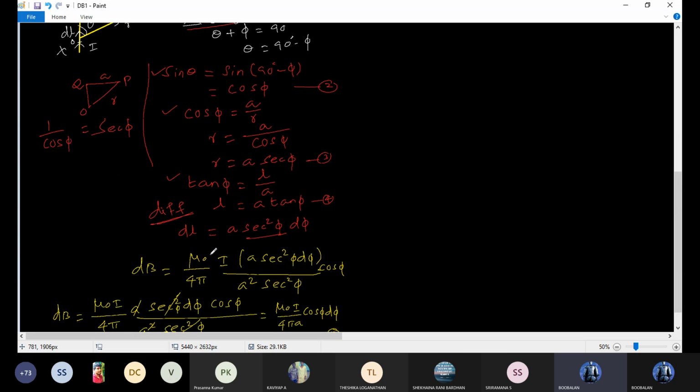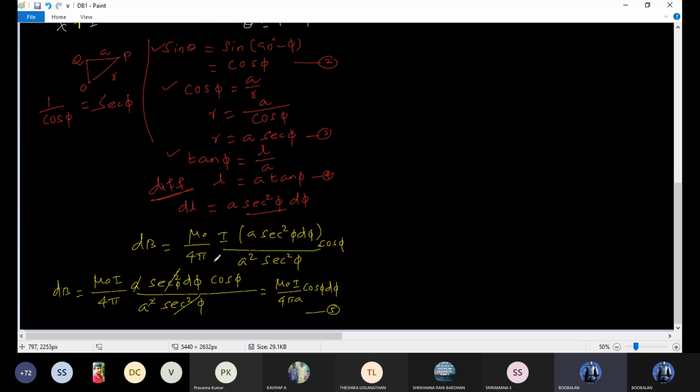Next, finding the tan also. Why are we finding tan? Because we should find the value of L. So tan phi equals L by A, L equals A into tan phi. Next step, the differentiation, because in the Biot-Savart law only dl is there, not L. So we take dl: differentiation gives A secant square phi d phi.